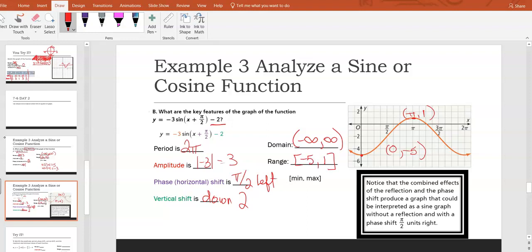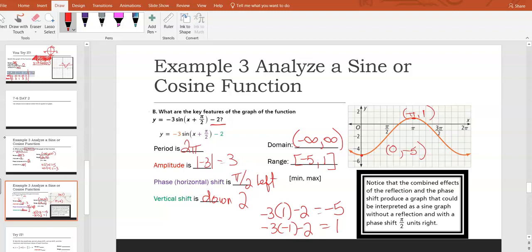Again, the biggest the sine could be would be positive 1. So negative 3 times positive 1 minus 2 would give me what? Negative 5. The smallest the sine function could be would be a negative 1. So negative 3 times a negative 1 minus 2, that's a positive 3 minus 2, would give me my 1.